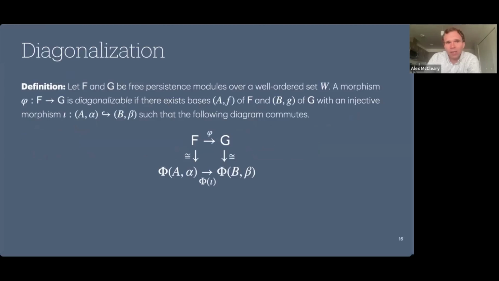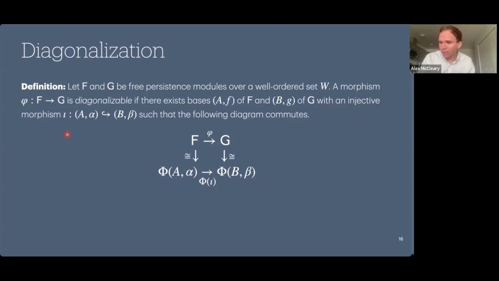Okay, so just like with vector spaces, we defined a diagonalization of a linear map as a choice of bases such that we can find an injective map between the basis sets that induces the linear map here. So that's exactly what we have here.